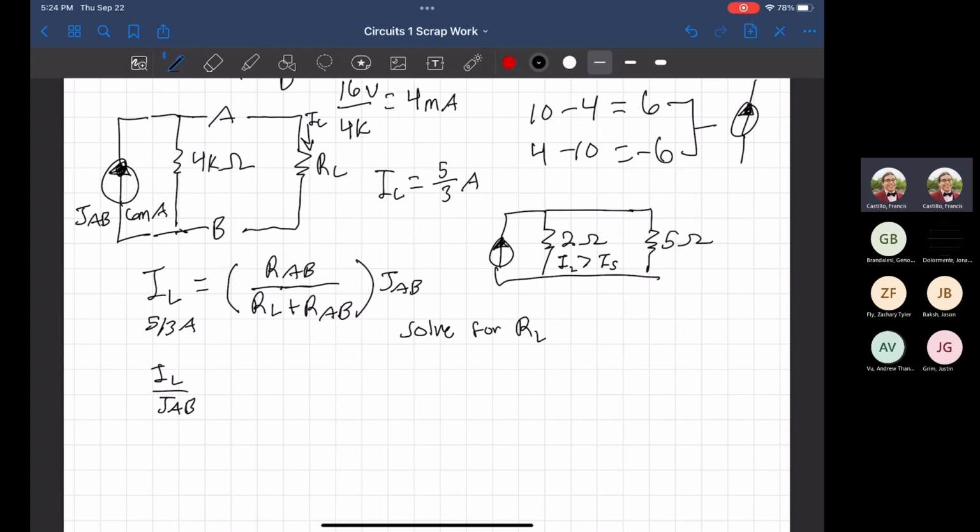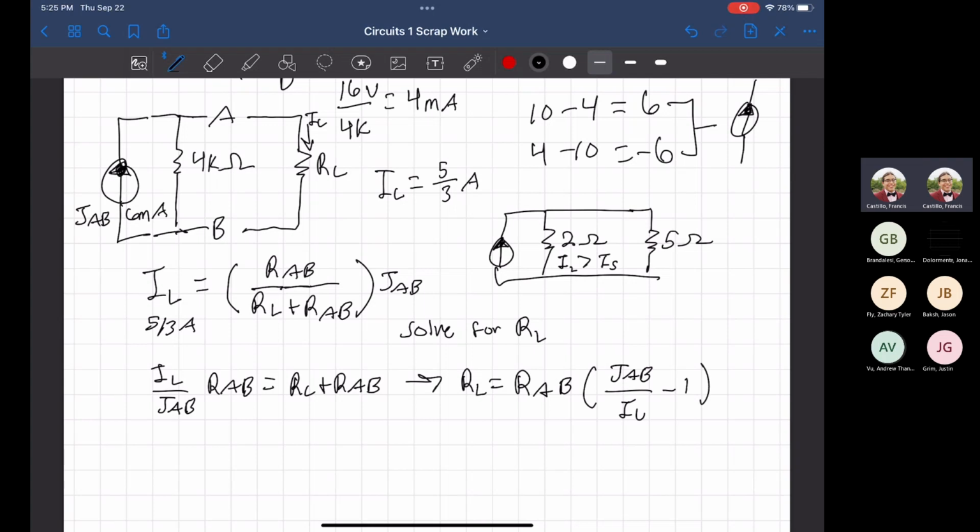First step, then multiply by the denominator of that, or you can do the inverse of it. So you get this times RAB is equal to RL plus RAB. And then one last quick step, and you have RL is equal to RAB times (JAB over IL minus 1).